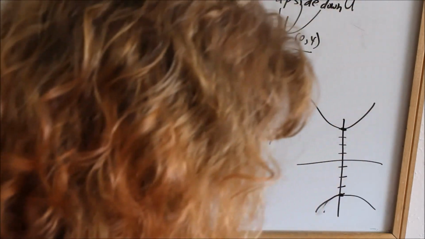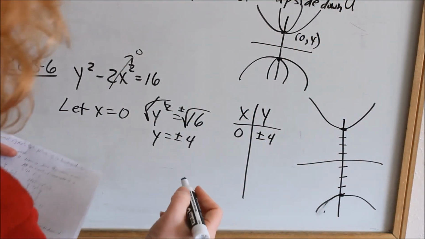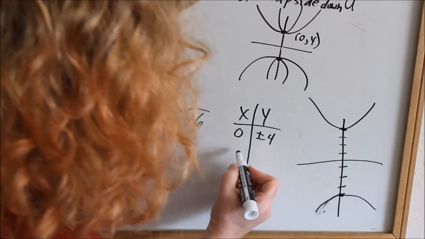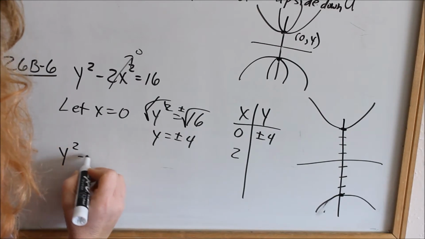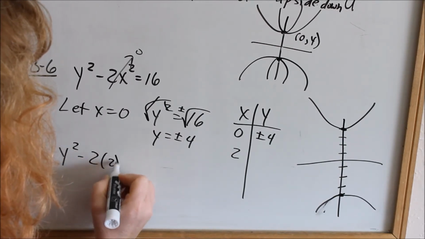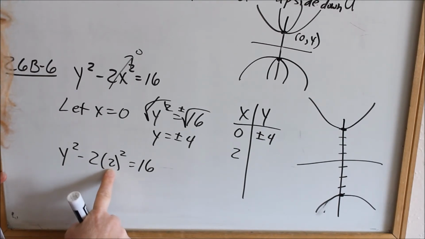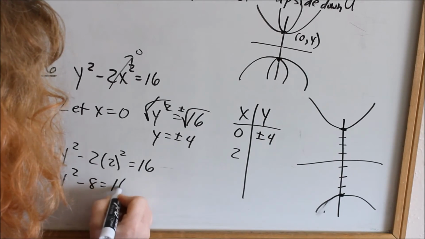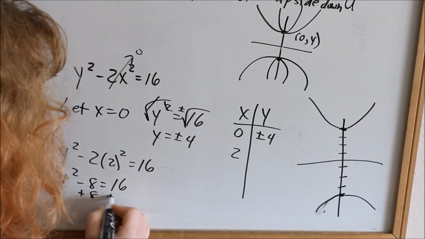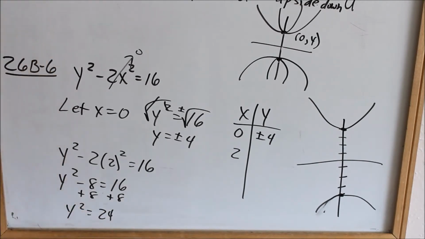So I'm just going to do one more point. I picked 2 for x. So if I come over here to my equation and put in 2 for x, 2 squared is 4, and 4 times 2 is 8. So that's y squared minus 8 equals 16. Add 8 to both sides. So that's y squared equals 24.